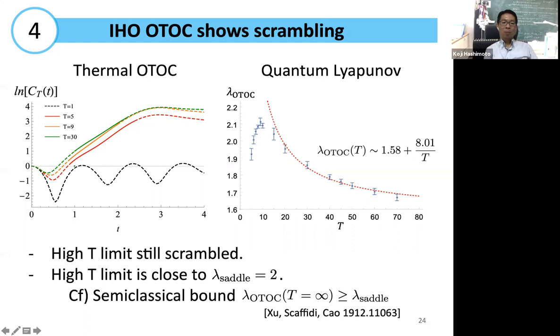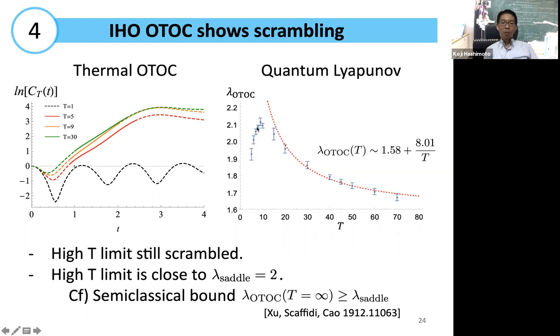In fact, these dashed parts are irrelevant. However, these solid parts are the ones which we use to extract the Lyapunov exponent. And the plot of the Lyapunov exponent is here. As a function of temperature, it becomes non-zero around temperature equal to 5 or so.